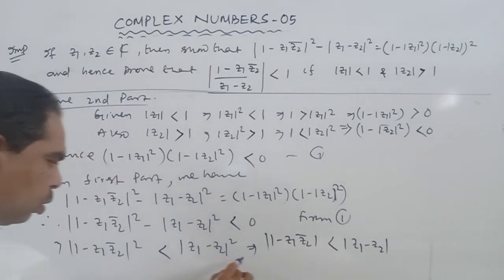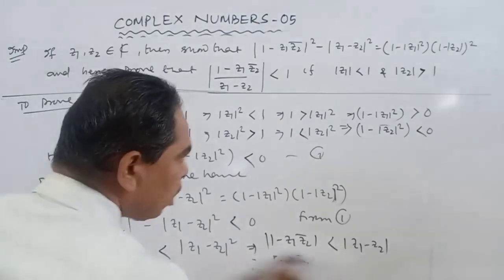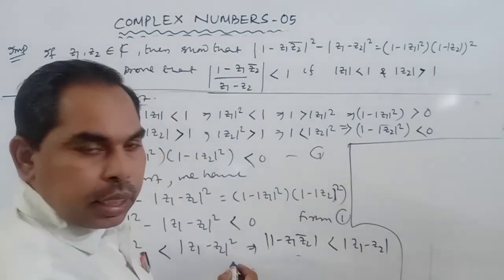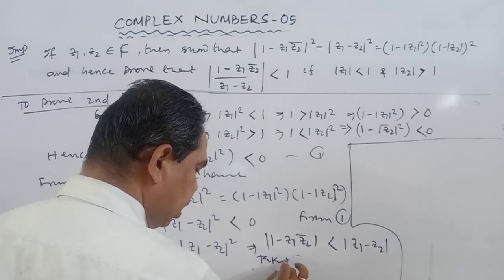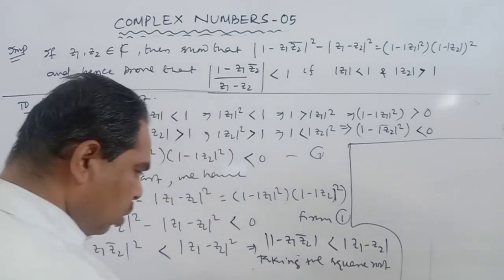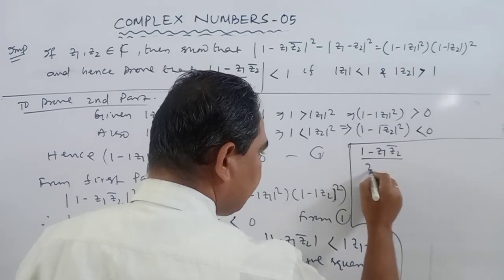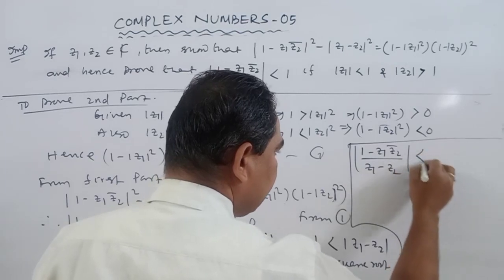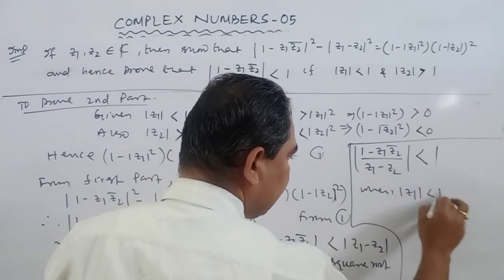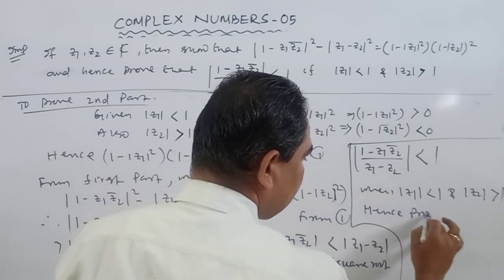So it implies, taking positive square root, 1 minus z1 z2 bar divided by z1 minus z2 whole mod is less than 1, when mod of z1 is less than 1 and mod of z2 is greater than 1. Hence proved. Okay.